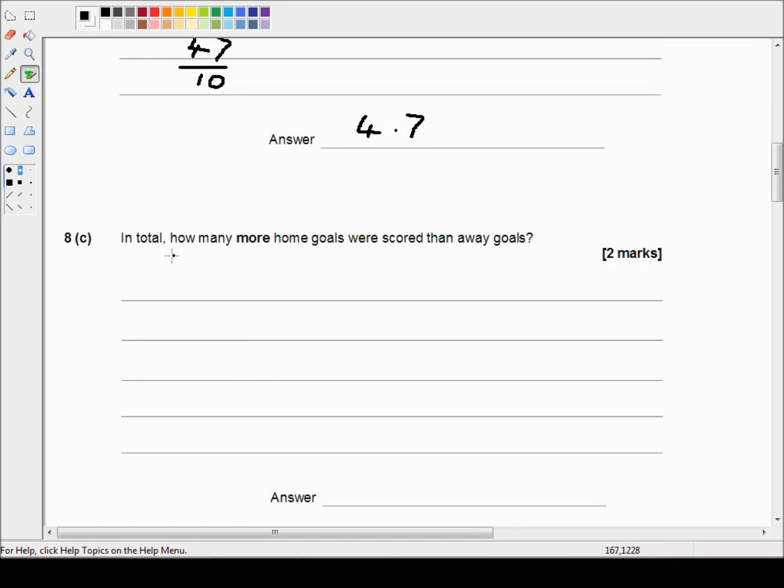Okay, part C says, in total how many more home goals were scored than away goals?